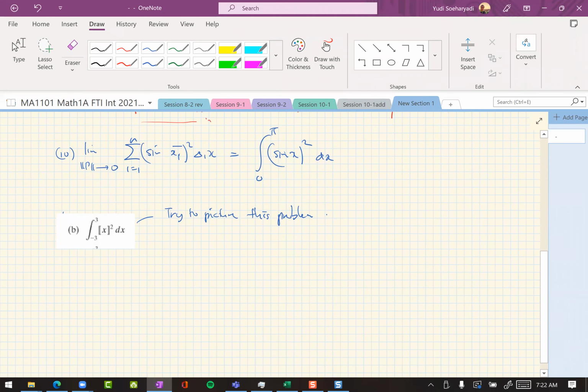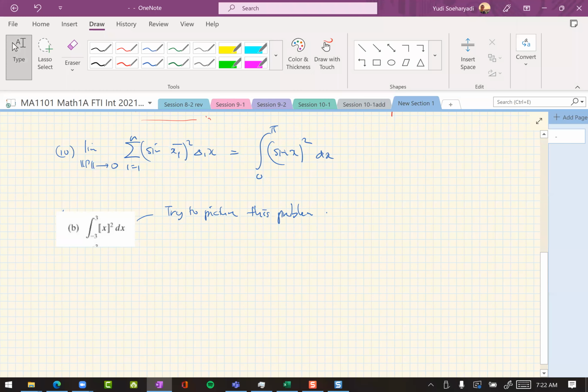So what we compute is the area under the curve. Okay, so we'll see what we get here. This is the square of, round down.